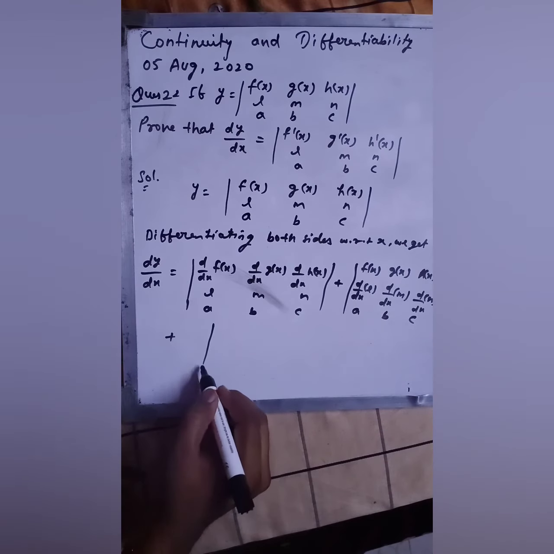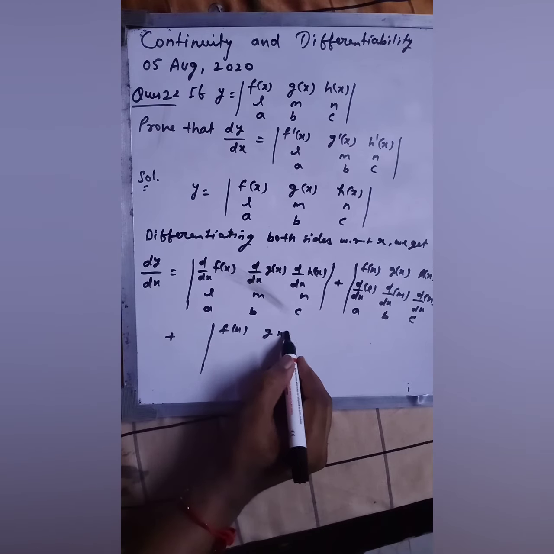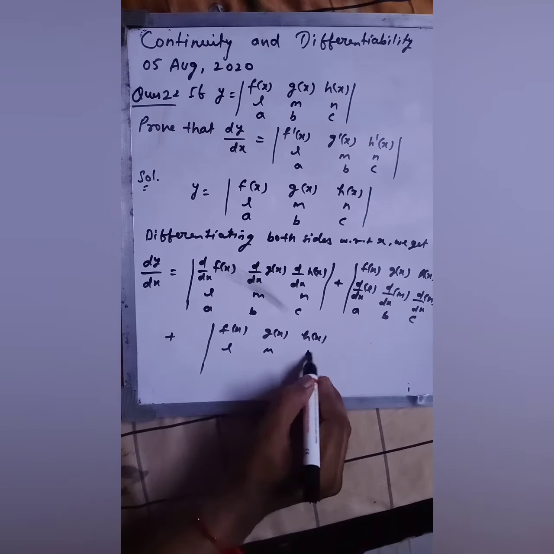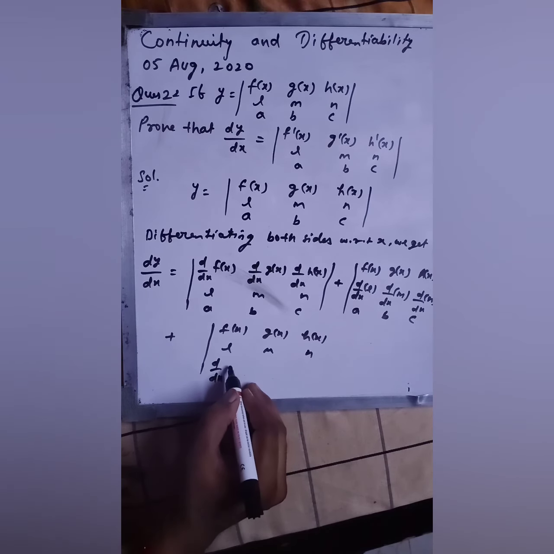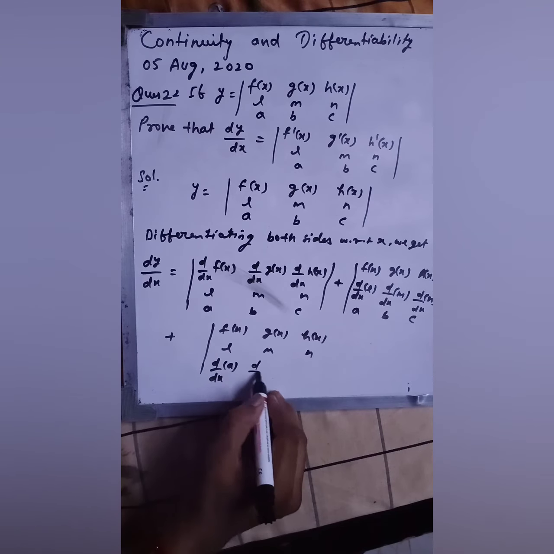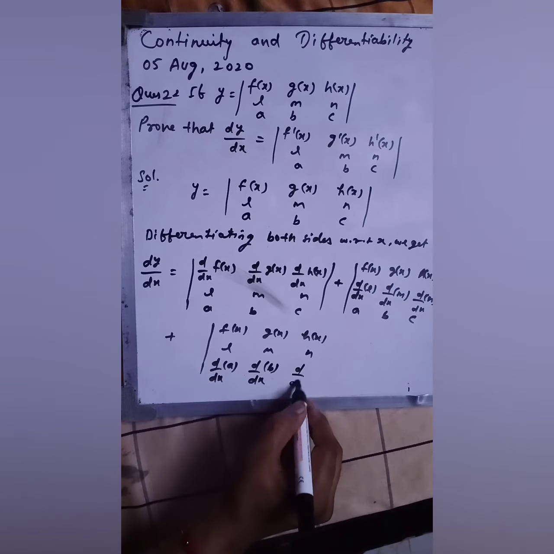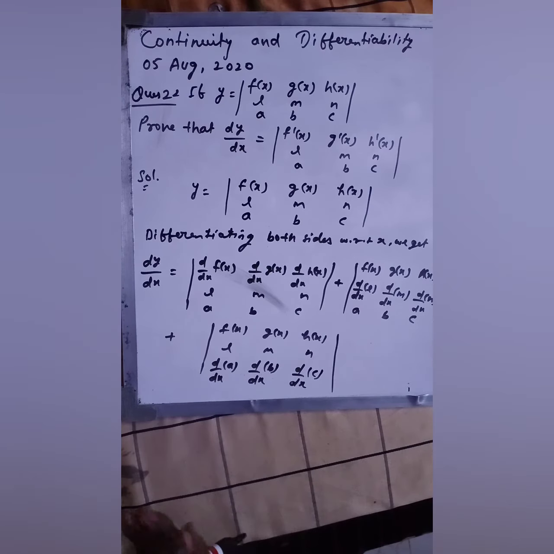Plus, the first row will remain the same, the second will remain the same, and you have to find the derivative of the third one.